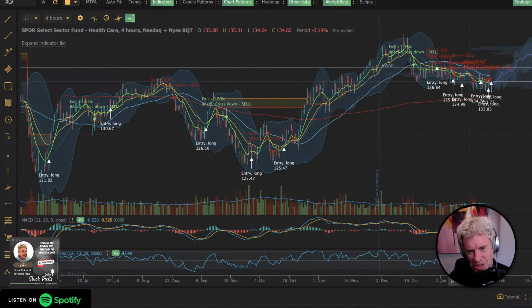You can see it's getting you in and out, in and out. This one, by the way, XLV, which is healthcare: the algorithm makes you 21%, while buying and holding the asset makes you 14%. So the algorithm does better, but it's probably because of drawdowns.